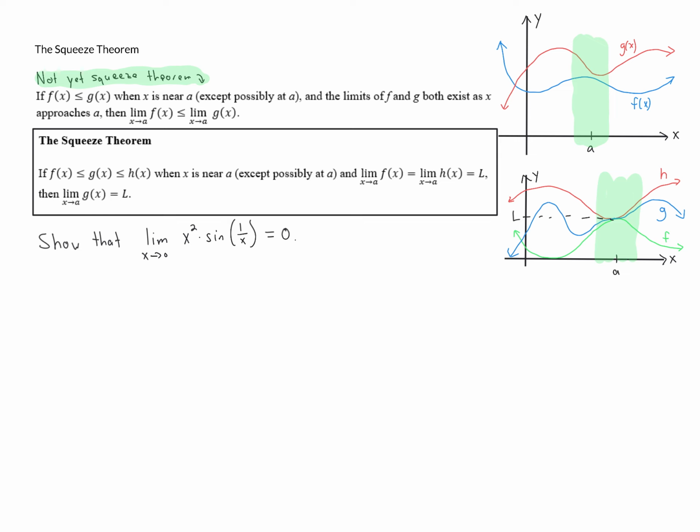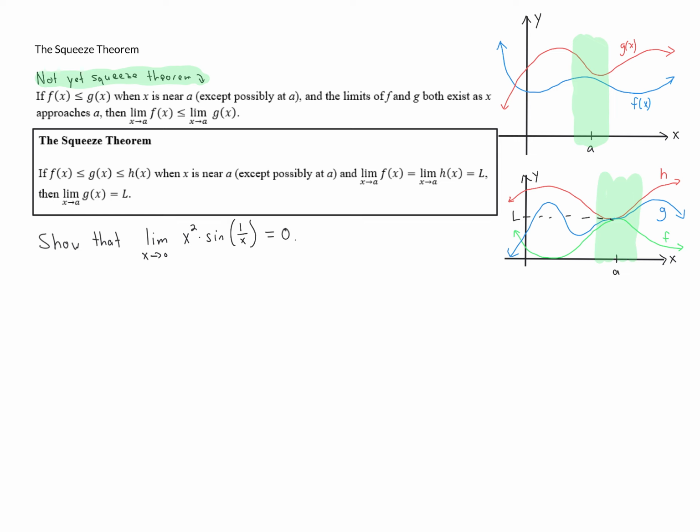Instead, we're going to apply the squeeze theorem. Obviously, that's what we're looking at today. And so we need to be able to squeeze this function in between two other functions that both have a limit of 0.